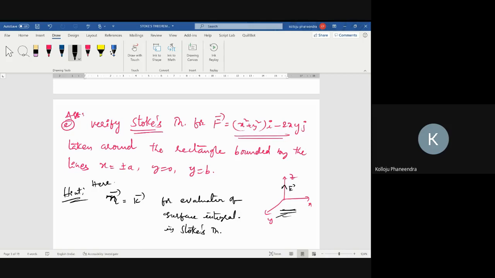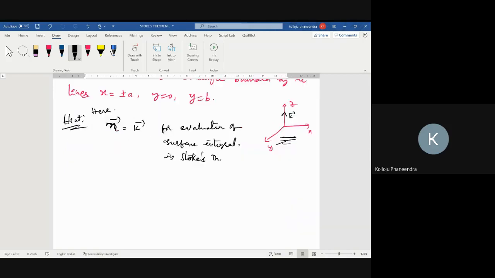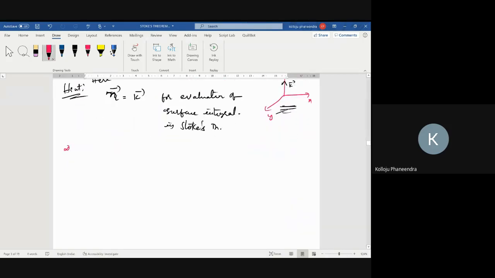Next problem. This is one more. Use Stokes theorem, not verification.